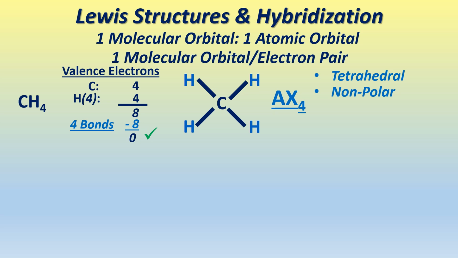L is 2, m sub L goes from -2 to +2, leading to 5 d orbitals. And L is 3 means m sub L goes from -3 to +3, leading to 7 f orbitals. All of these orbitals can be available to hybridize. In this case, starting from the bottom, since it's AX4, I need 4 orbitals. That means I will take the single s orbital and all 3 of the p's to give an sp3 hybrid.